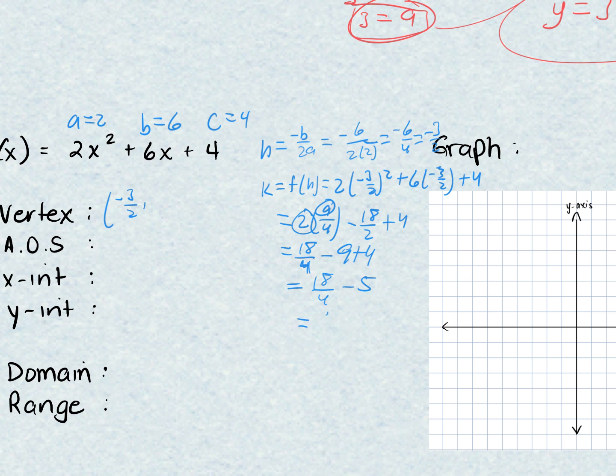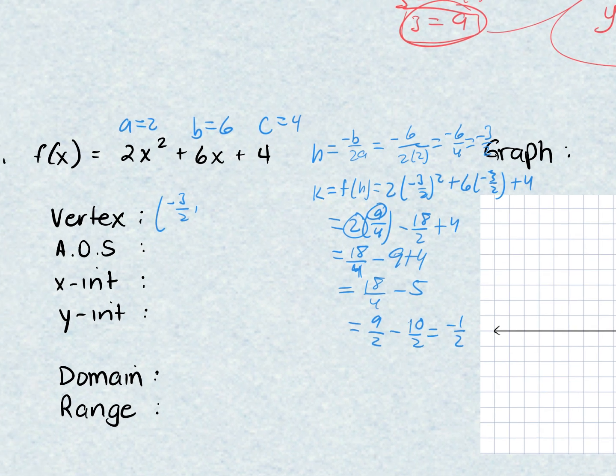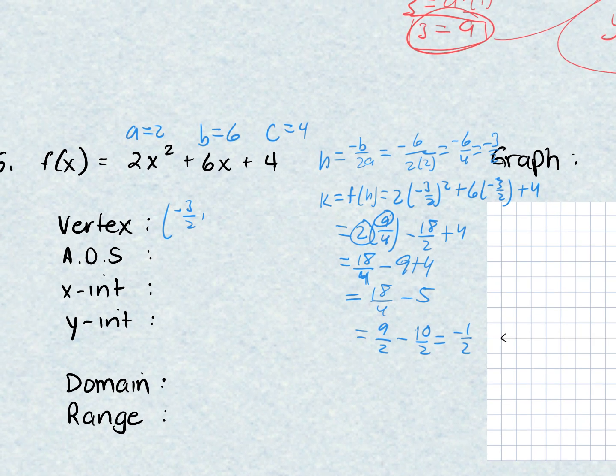So you can divide the top and the bottom by 2, and we get 9 over 2 minus 5. But minus 5 we can change to have a denominator of 2, and it's going to be minus 10 over 2. That's going to get you negative a half. So our vertex is going to be at negative 3 over 2 and negative 1 over 2.